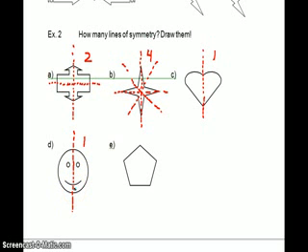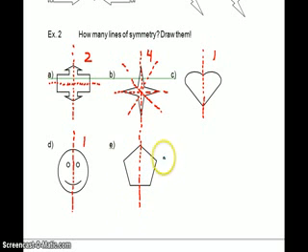Now let's look at this one. I'm going to let you look at this for a second before I give you the answer. How many lines of symmetry does this figure have? Let's see, if we take a line, put it right down the middle here, we can fold that over onto itself.